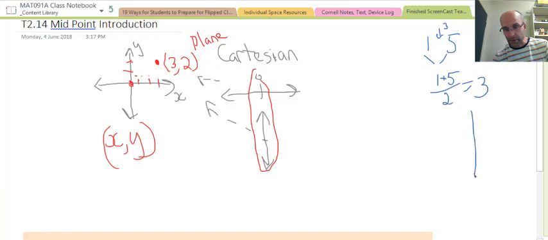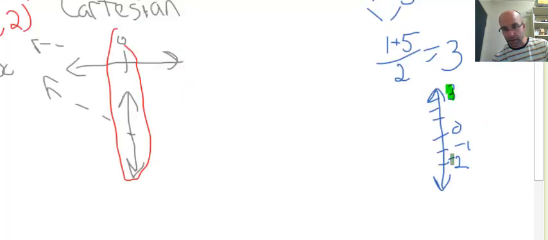So if we've got a number line like this, 0 in the middle, we've got 1, 2, 3 there, and going in the other direction we've got -1, -2, etc. What's the middle of from 3 to -2? We do the same thing. We add them together and divide by 2.